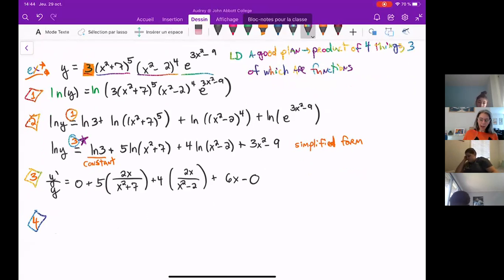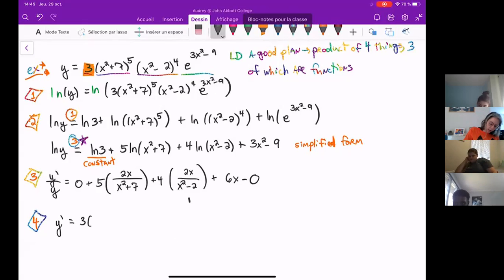Okay, so our last step, step 4, is to multiply that y over. And when I multiply the y over, should I write y or something else? You got it, Dean. The original function. So I don't write y when I multiply the y over, I write the original function.